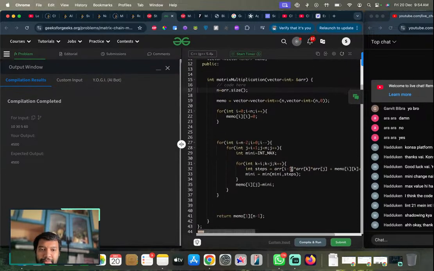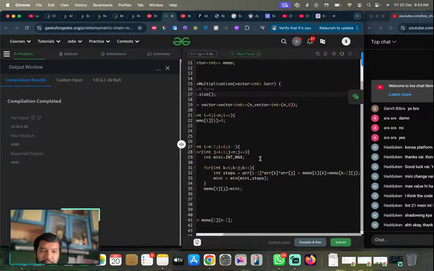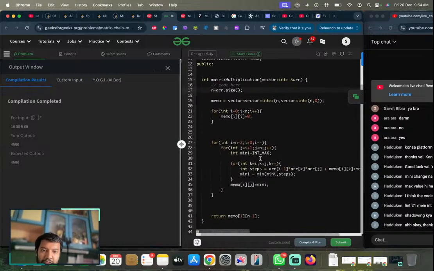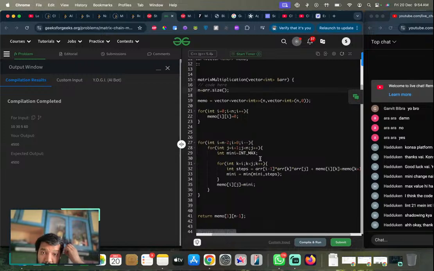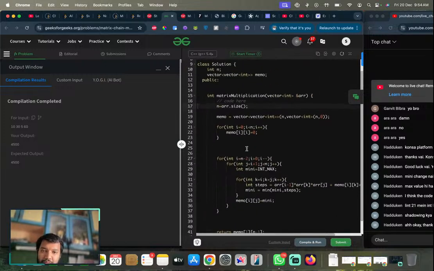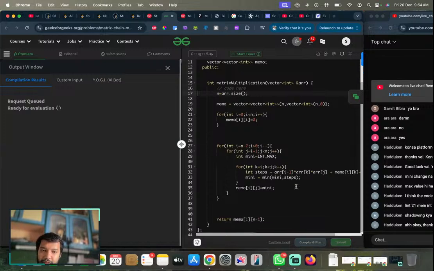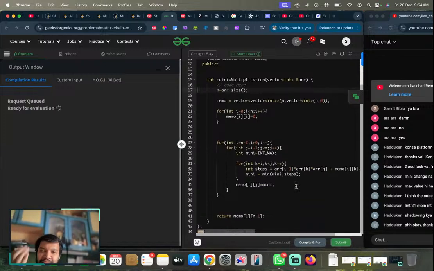Cool. Can we optimize this? Let's see. I don't think we can optimize this.